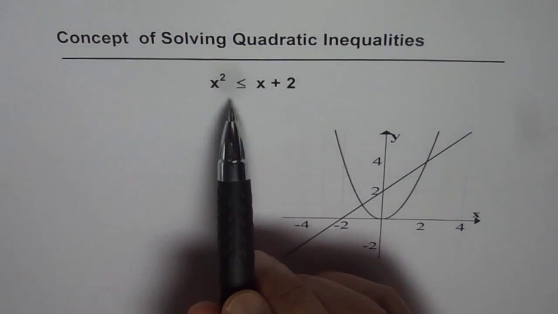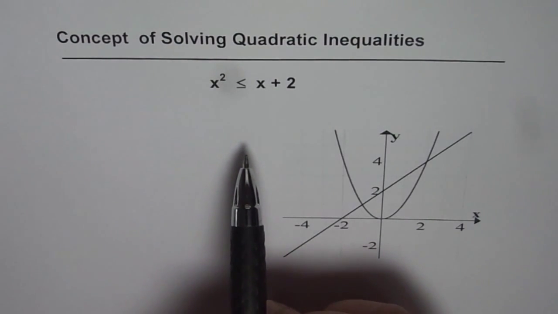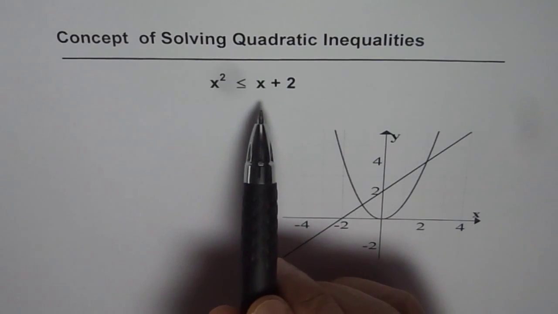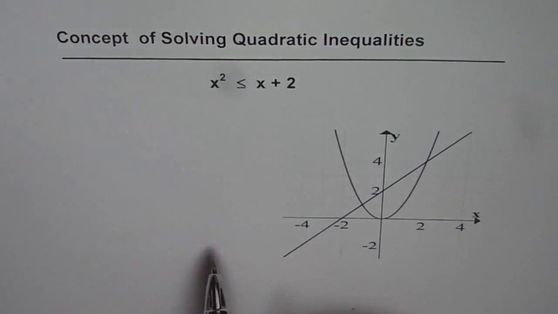The idea of writing this in this fashion is to show you that we can write it as a combination of a quadratic function and a linear function. So when we are solving quadratic inequalities, we could treat them as shown here. This is a simple example which helps to communicate the concept, and that's why it is here.